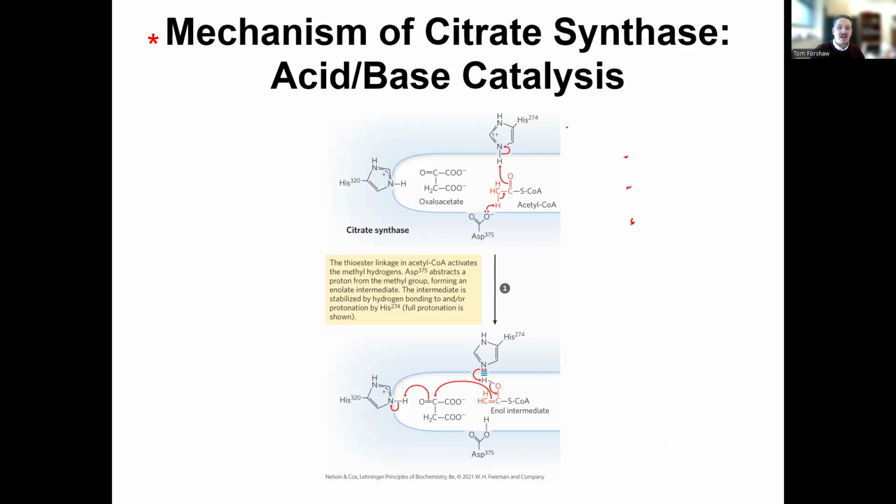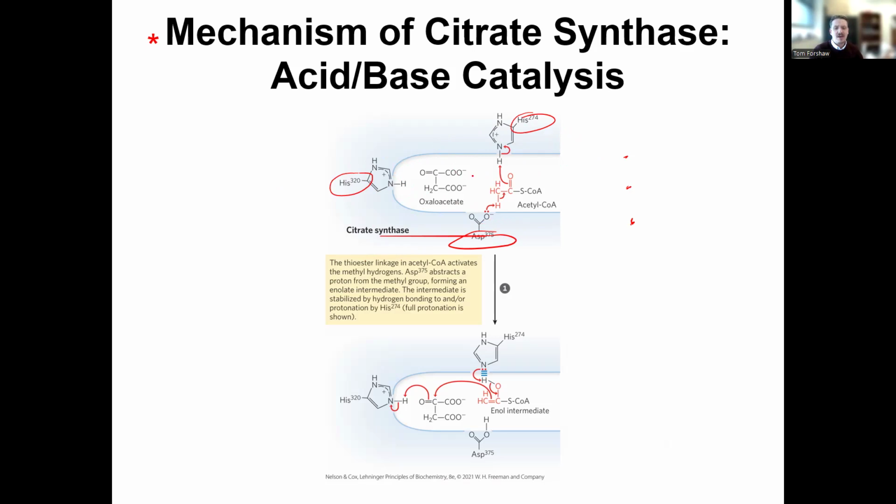The blue shading here is the enzyme, and His 320, His 274, and Asp 375, histidine and aspartic acid. The 3 letters refer to the amino acid, and the number refers to the position of the amino acid within the primary sequence. These are catalytic residues involved in the catalysis of the reaction.